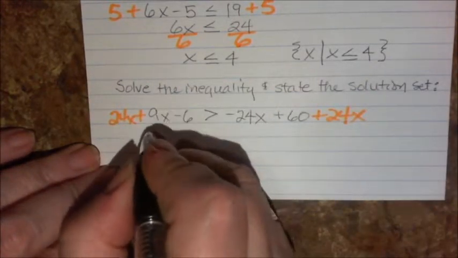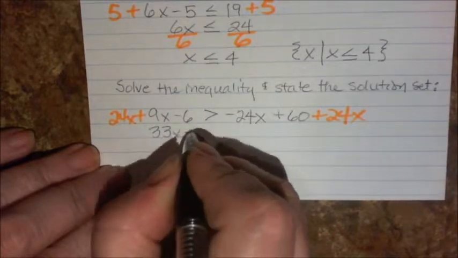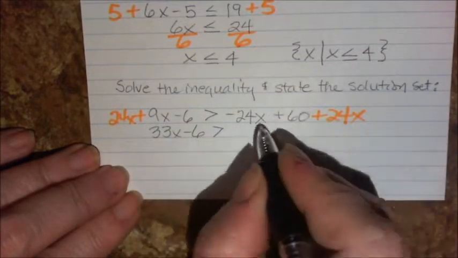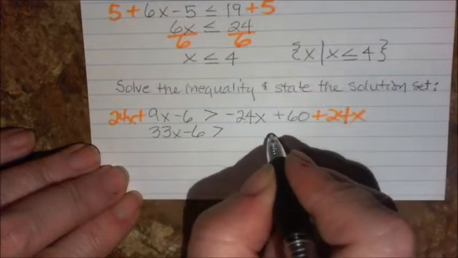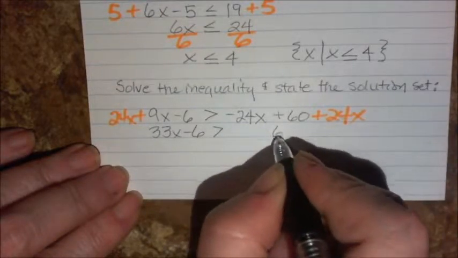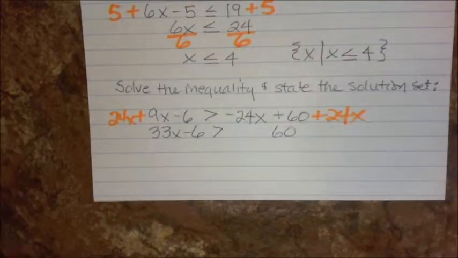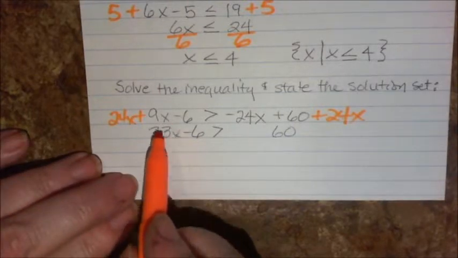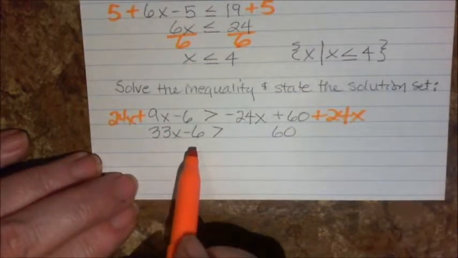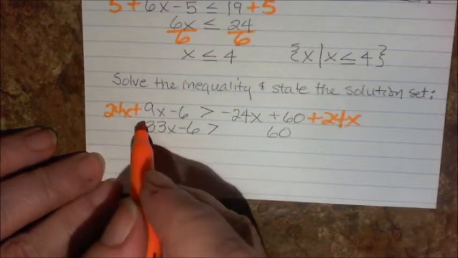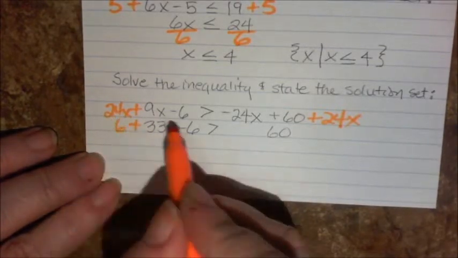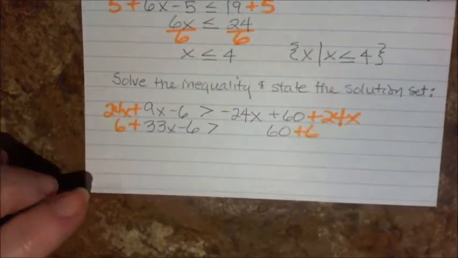Alright, that gives us on this side 33x minus 6 is greater than, the x terms here eliminate and we have 60 remaining. Alright, now we want to isolate the variable term, so we need to eliminate the minus 6 with a plus 6 on each side.